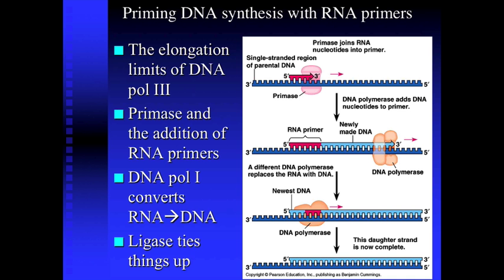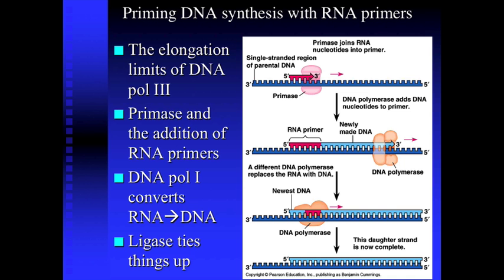Okay. Now we're ready. We've got our strands separated. We've got our replication fork in place. We can begin to work on the replication process. Replication is going to depend on the enzyme DNA polymerase. But DNA polymerase cannot bind to the DNA and begin to replicate it unless there's a small primer there.